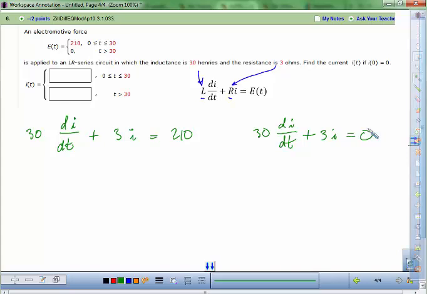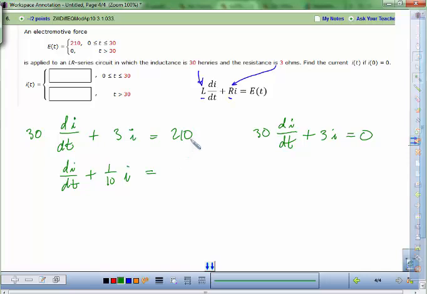Okay, so the first step to make it look like how it's supposed to look like is to probably divide by something, by 30. We could, but I think we want to set this up like it was a linear differential equation. So this is where you would get a 1/10.